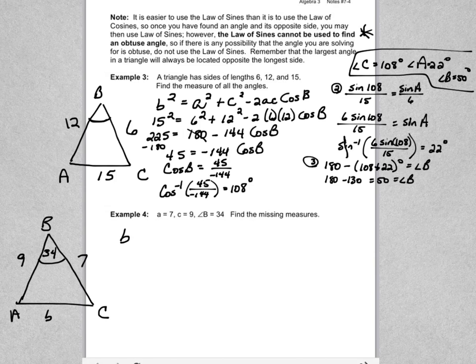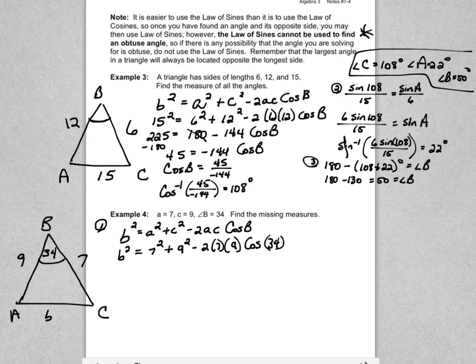So B squared is the first thing we're going to do. B squared is equal to A squared plus C squared minus 2 times A times C times the cosine of B. We're looking for B squared. A is 7, C is 9, minus 2 times 7 times 9 times the cosine of 34. Then we'll take the square root of all this when we're done.